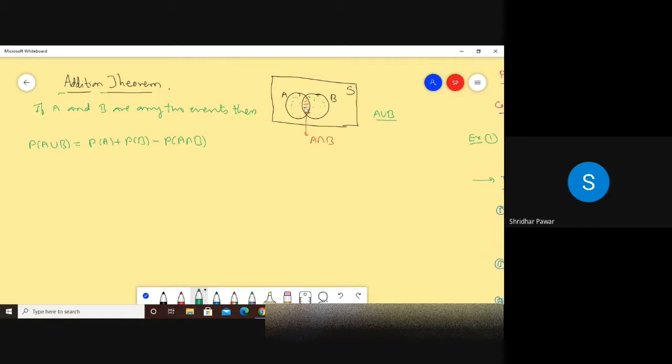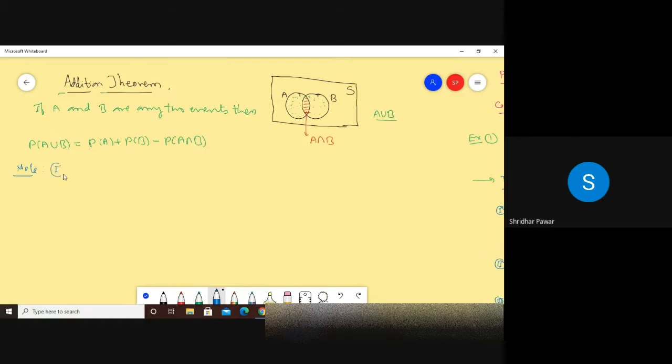A intersection B is the event such that those elements which are in A as well as B. So you may have a note here. This theorem will give you the probability that either A or B will happen, that is the probability of union.